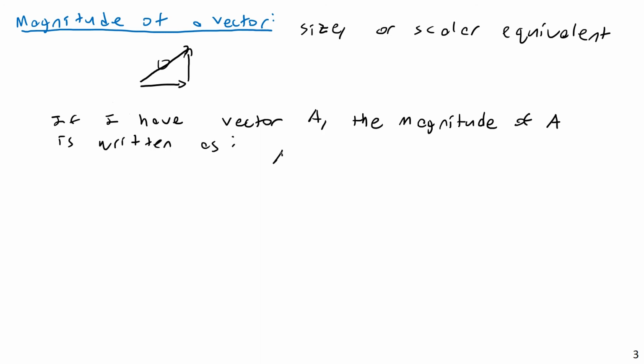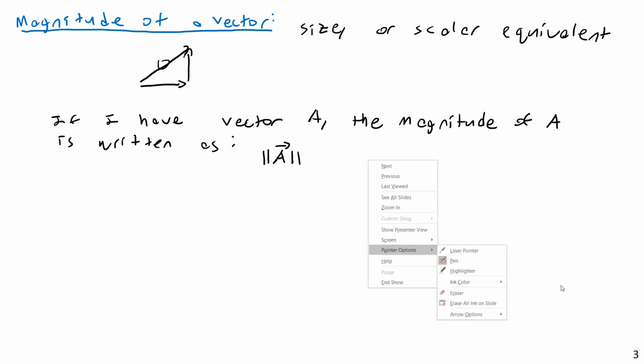We'll first need the vector sign above my A, and I'll put a double bar around it to indicate magnitude. When we get to components, later on we will look at how to actually calculate this from, say, components. But we'll see that later in the lecture today. But I just want to go over some of the symbolism here, or nomenclature, or whatever you want to describe it as. So that's the magnitude of a vector.